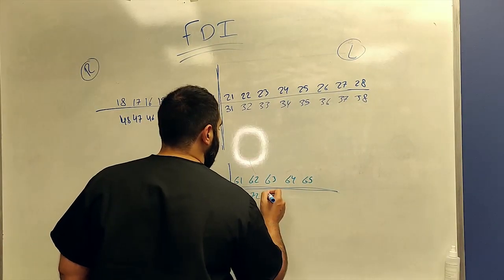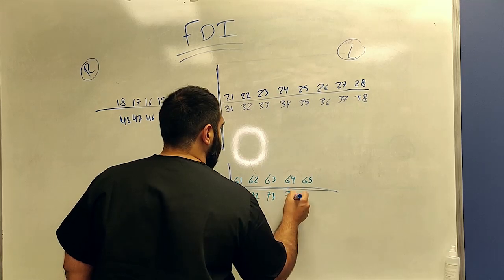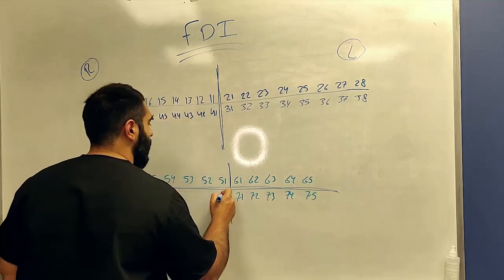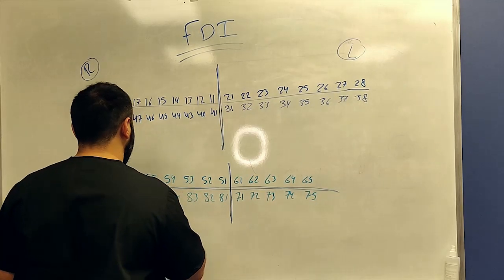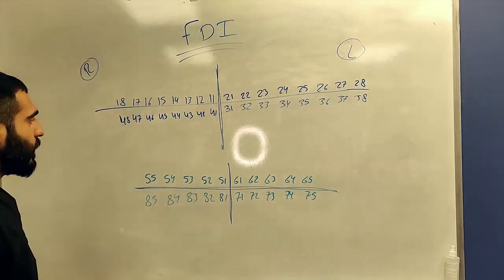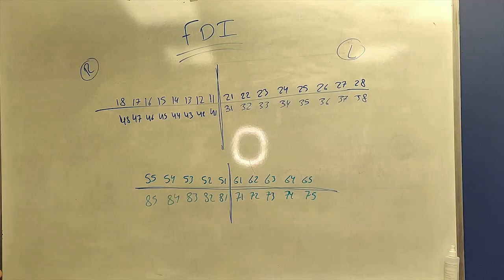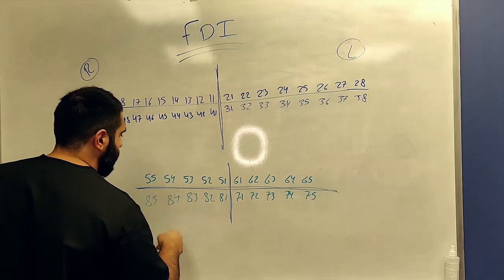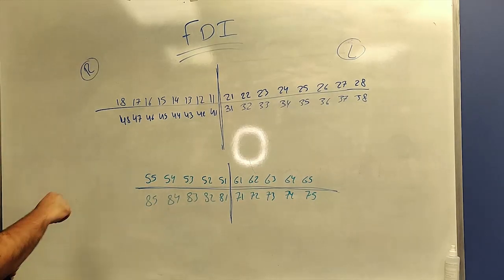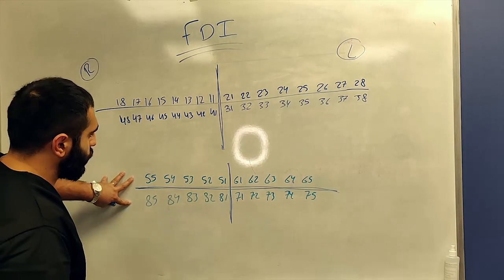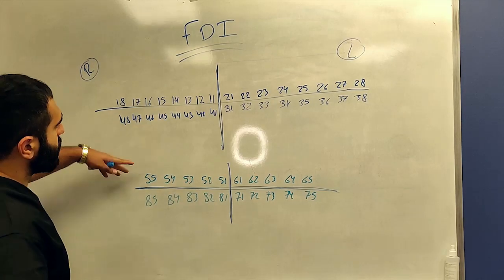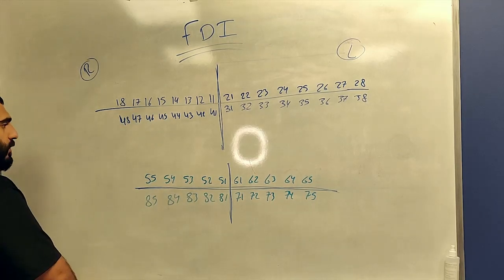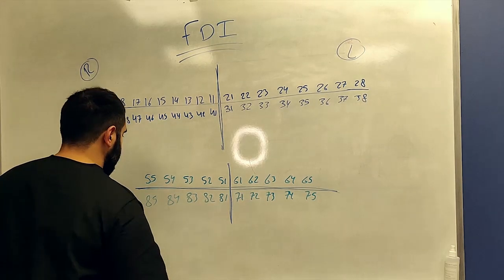So this is how our primary dentition would look. And I will also do the same as I did in the universal and show you how we move from the primary dentition to the mixed stage all the way to the permanent dentition. Okay? So let's draw a bigger line.